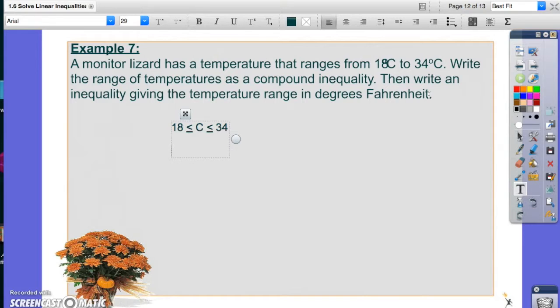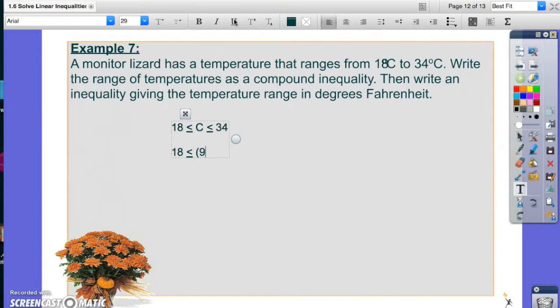We have Celsius, we want to go to Fahrenheit. Well, if you look back from the last lesson, like 2 lessons ago, we know the formula for Celsius to Fahrenheit. So let's rewrite this here together. We change the C to a formula here.